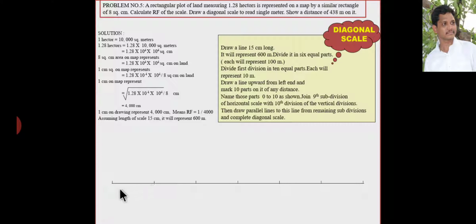Now divide this length of the scale into 6 equal parts, because here I consider the maximum length up to measure is 600 meters. Therefore you have to divide this line into 6 equal parts, that is 100 meters, 200, 300, 400, 500, 600 meters.